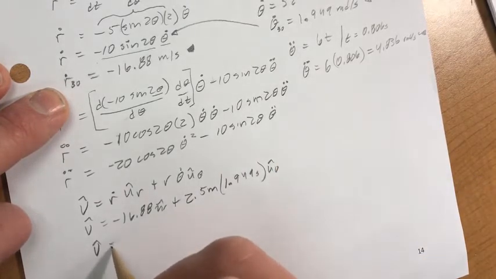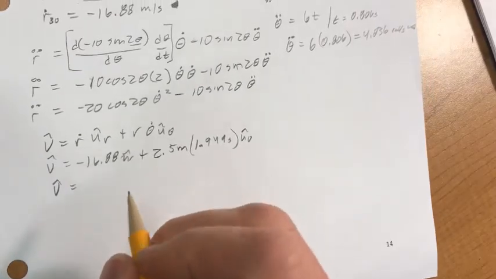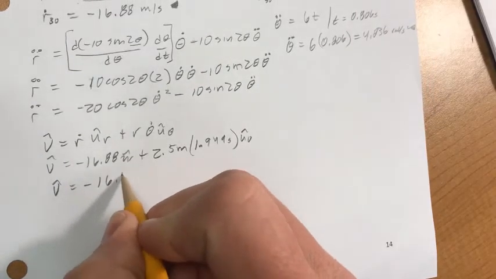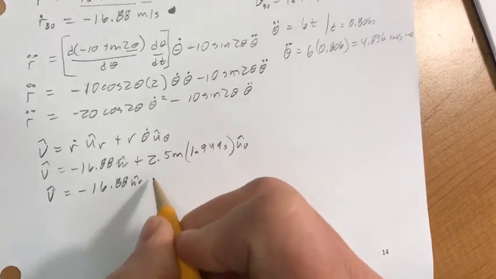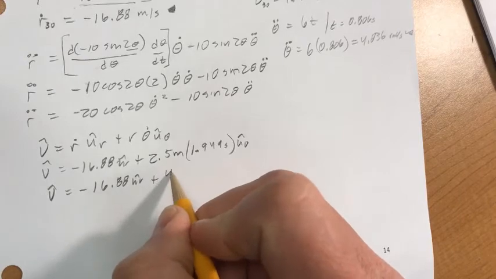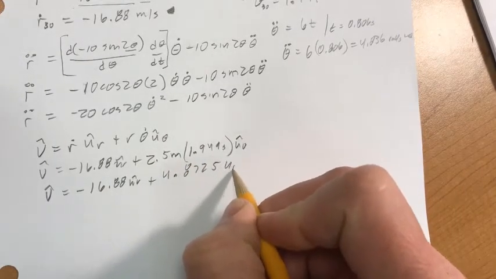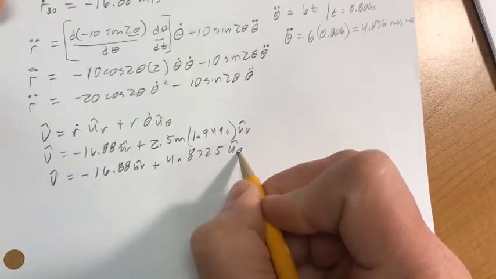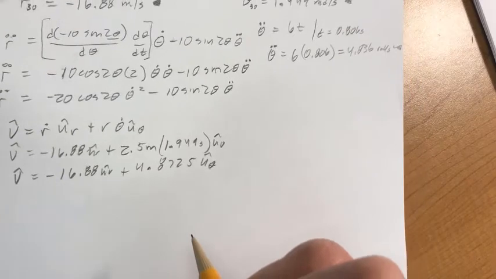So my velocity equals negative 16.88 in the radial direction, and plus 4.8725 in the transverse direction, or theta direction. And that's my vector answer for velocity.